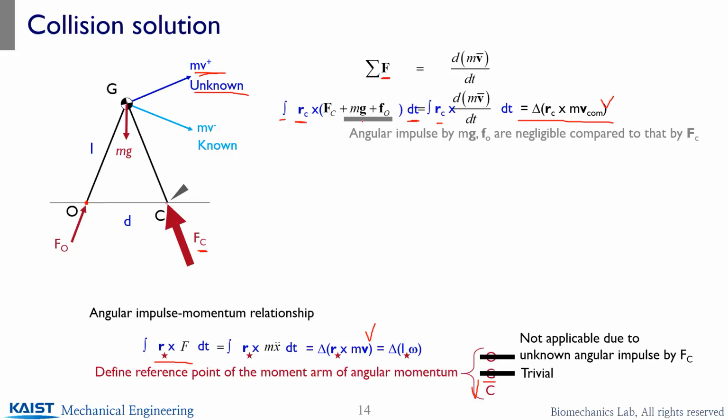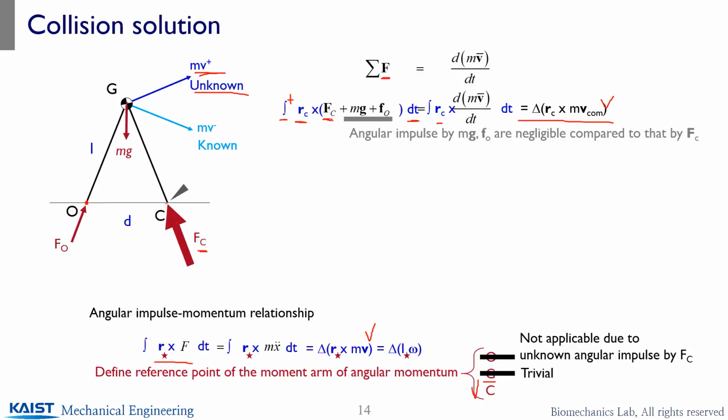Compared to the impulsive force Fc, these two forces are very, very small. The time integral over a very short amount of time, from before collision to after collision, is going to be really small. So the impulse by gravity and Fo could be negligible.